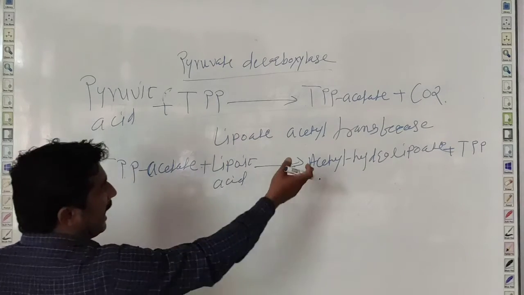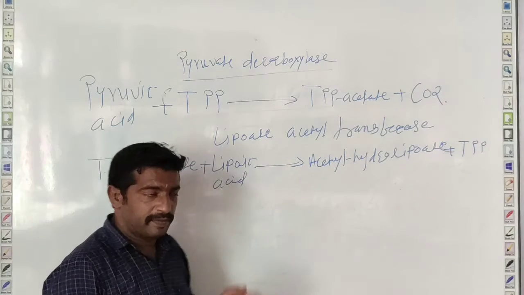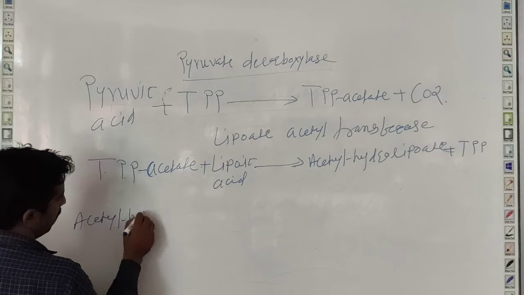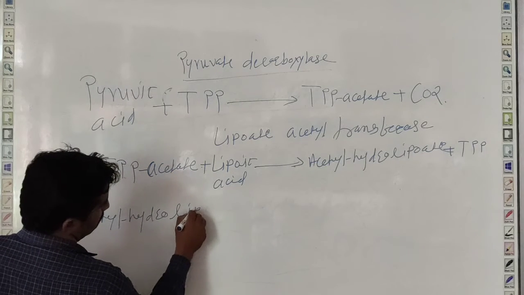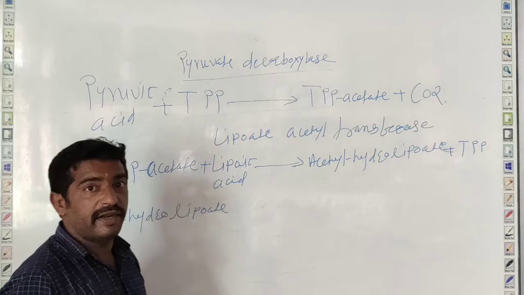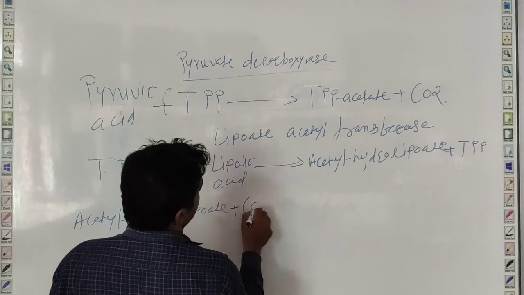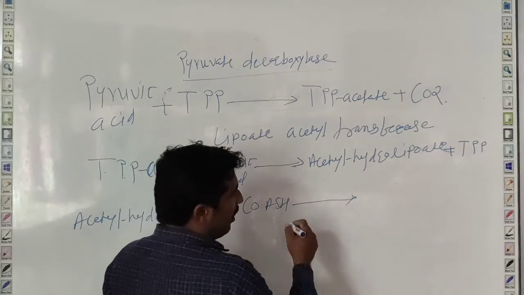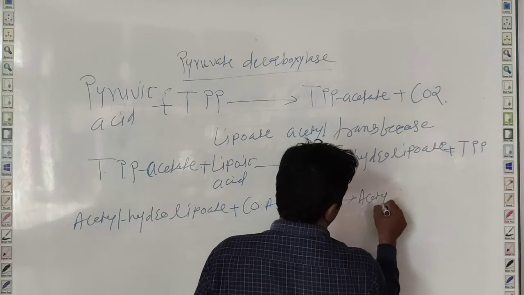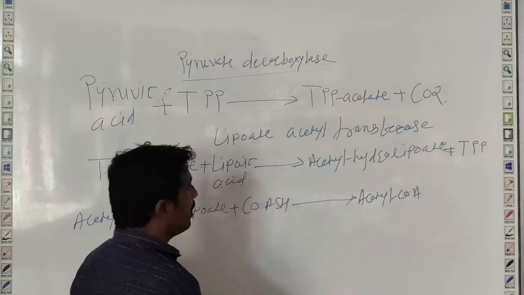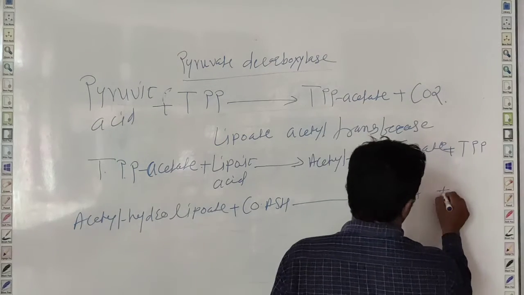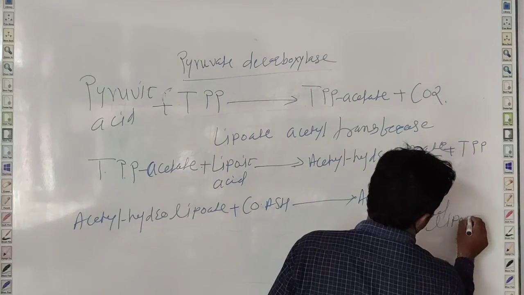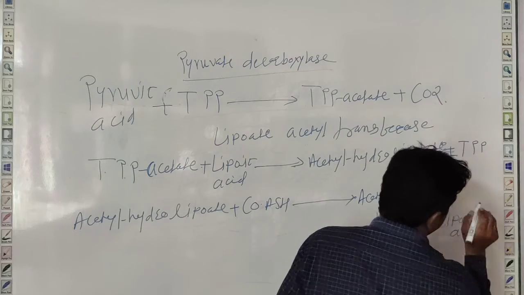Now the acetyl hydrolipoate formed in this reaction reacts with the third cofactor, that is coenzyme ASH, and it forms acetyl coenzyme A and reduced lipoic acid is formed.